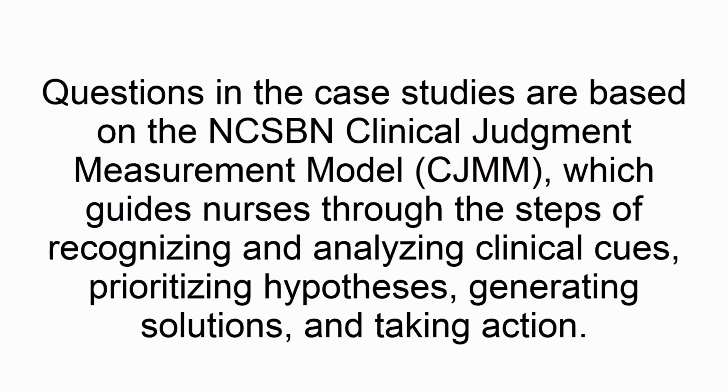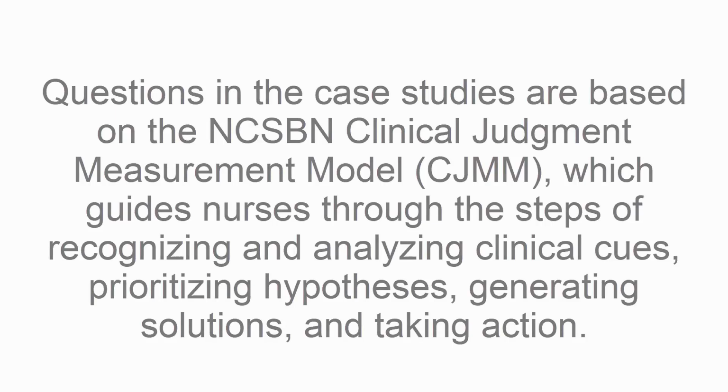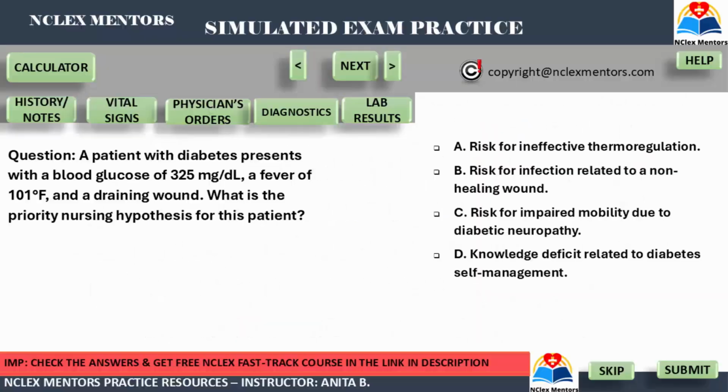Questions in the case studies are based on the NCSBN Clinical Judgment Measurement Model, which guides nurses through the steps of recognizing and analyzing clinical cues, prioritizing hypotheses, generating solutions, and taking action. For example, in a multiple-choice question about a patient with a high blood glucose, fever, and a draining wound, candidates are asked to identify the priority nursing hypothesis.